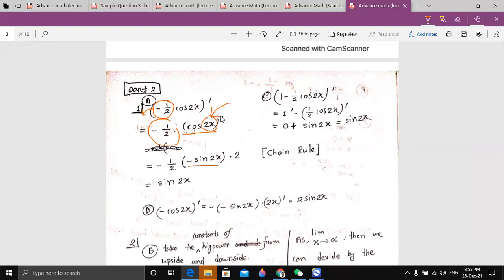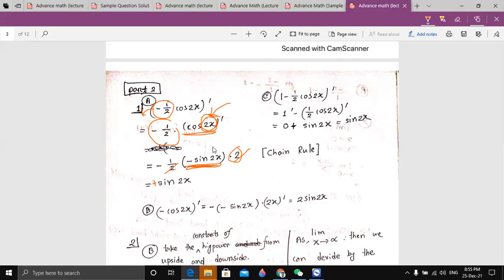As it is a composite function, we have to use the chain rule. The chain rule is outside function and inside function. The derivative of the outside function cos is sin 2x, and the derivative of the inside function 2x is 2. Ultimately we can cancel this 2, and minus and minus makes plus. So we get sin 2x.